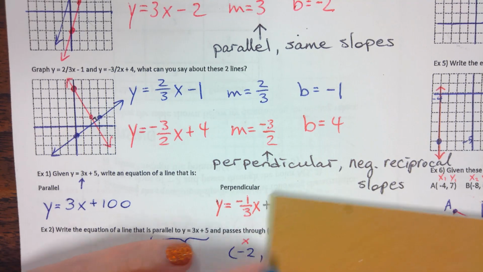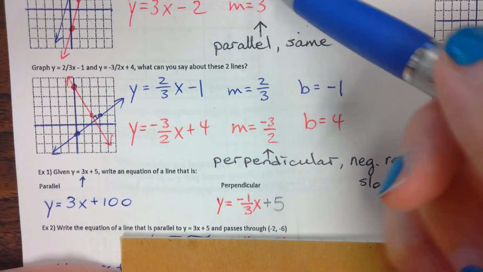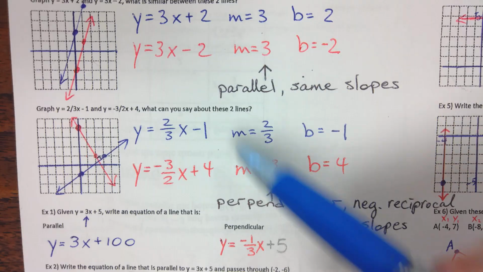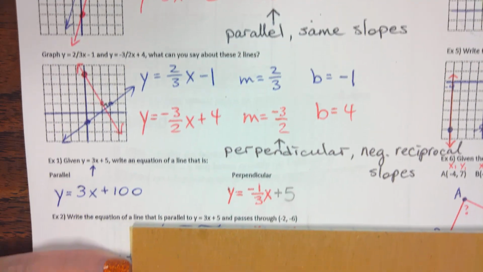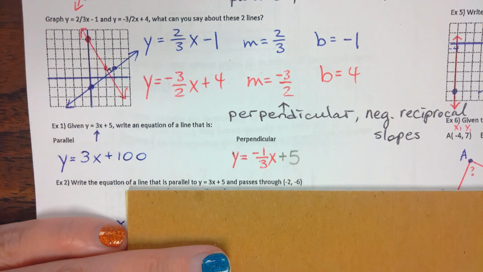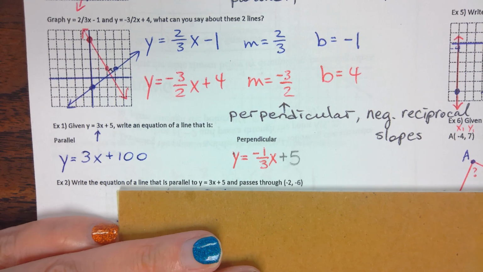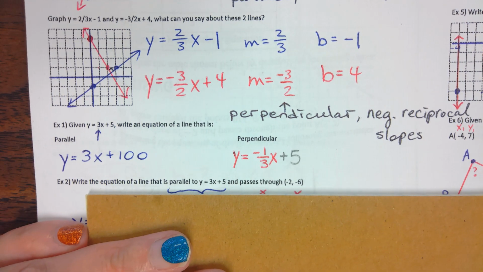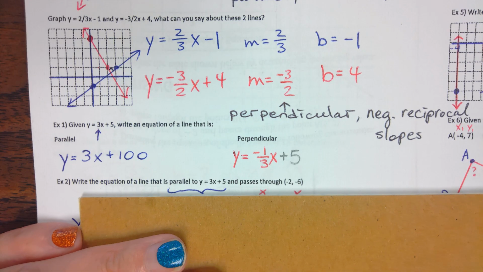Okay. Example. So far, everything right here that we did, this is actually nothing new. We did this last week, with parallel and perpendicular lines. So here is what we did yesterday, how it ties into yesterday's. Write the equation of a line that is parallel to y equals 3x plus 5 and goes through this point.